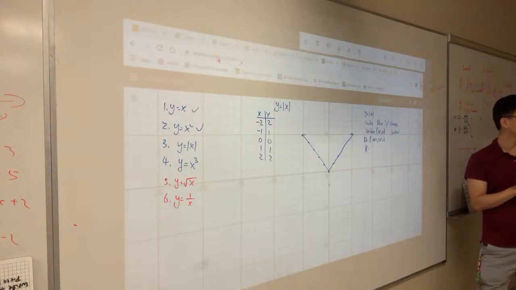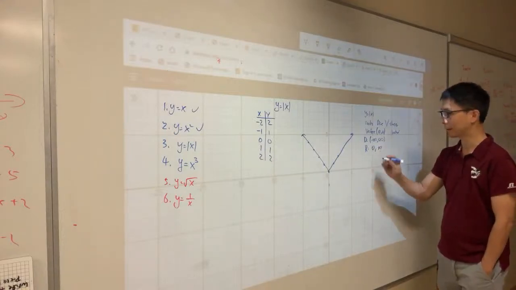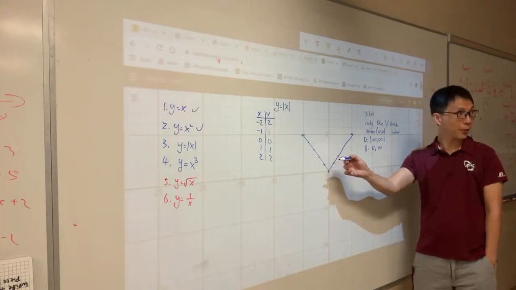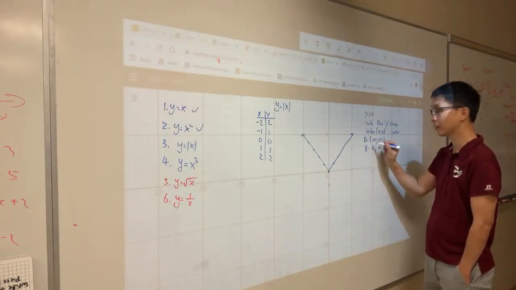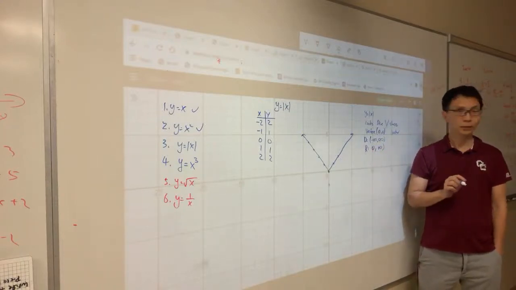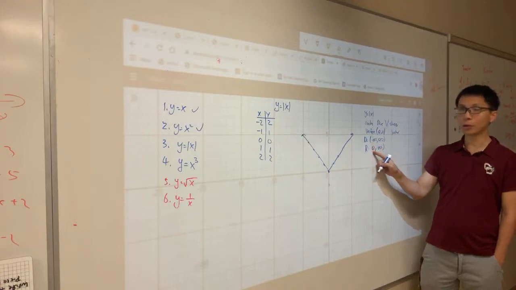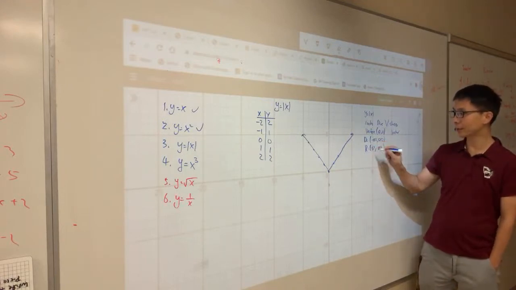Maria, what would be the range here? Good. 0 to where? Perfect, because that's where it starts intersecting. Good job. Is it including 0 or not including 0? It's a bracket. Yeah, that's good.